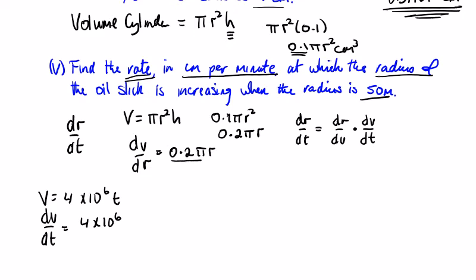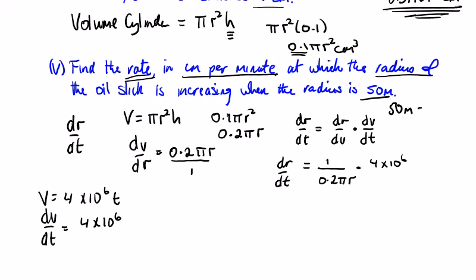So if I fill that information in here, dr dt is equal to dr dV, which is 1 over 0.2 pi r, and then on top we have dV dt, which is 4 by 10 to the power of 6. And we're asked for when the radius is 50 meters.